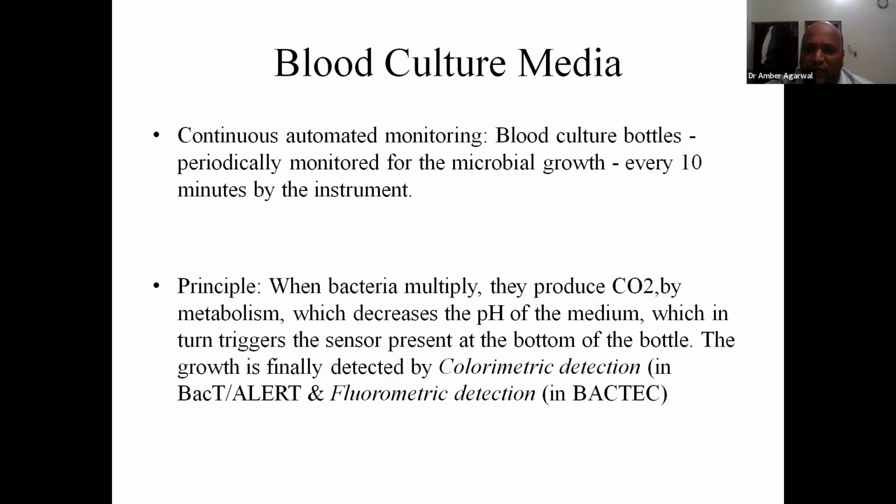At the most, in the evening you will see the bottle, shake it, and look for turbidity. When it is still, you will look for turbidity, and then next morning. So the preferable time when you see turbidity is around 6, 8 or 12 hours. But with an automated system, it checks the monitor every 10 minutes.